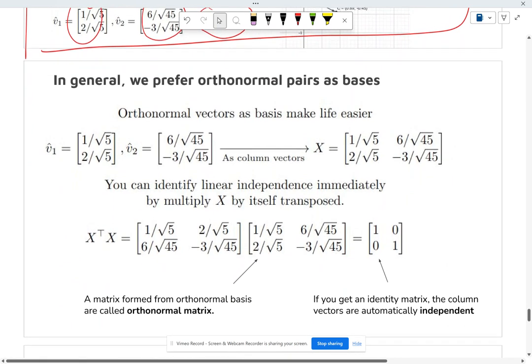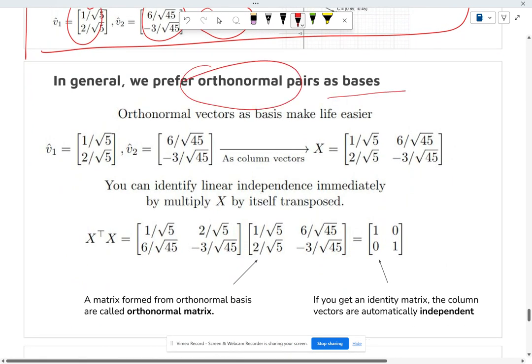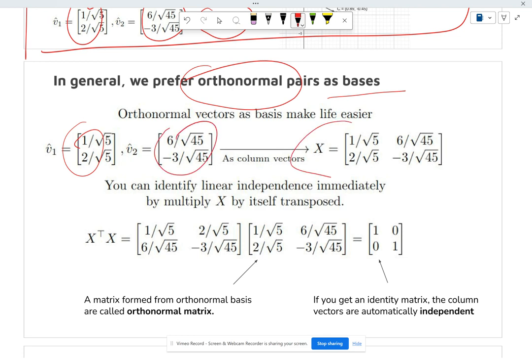In general, we really, really prefer orthonormal bases because it makes life a lot easier. You have a bunch of interesting properties. So let's say we have these two vectors and they're orthonormal. One of the interesting properties is if you do x transpose times x, remember the column vectors here are from the bases.